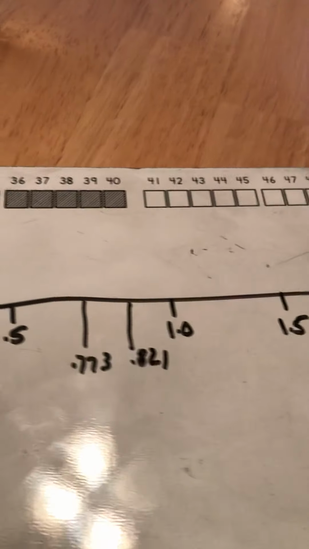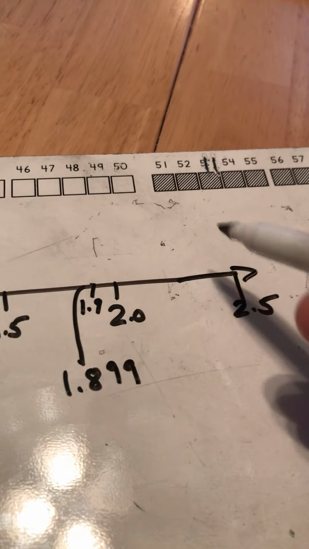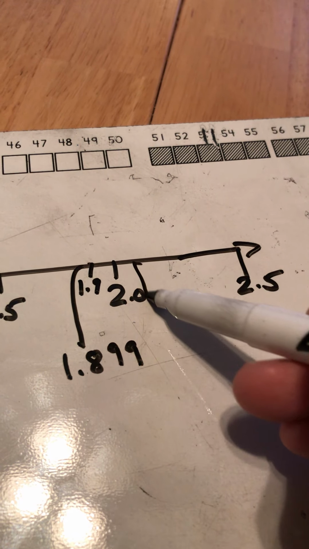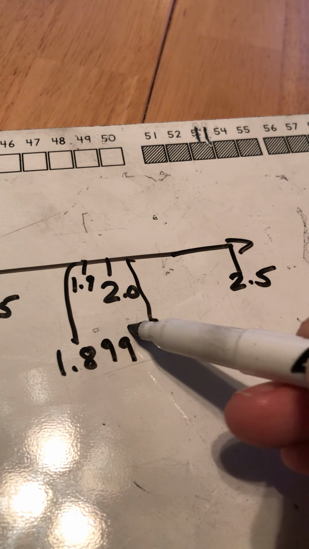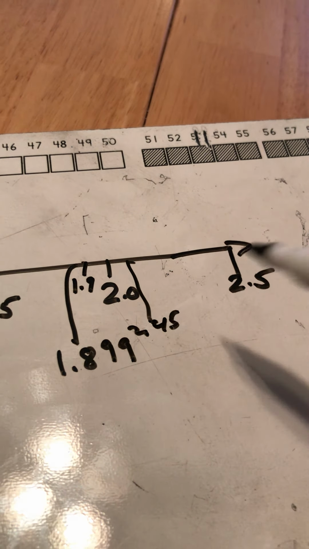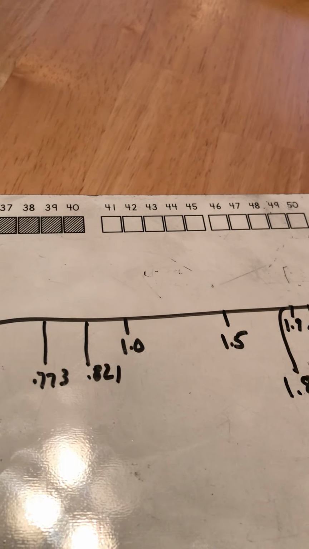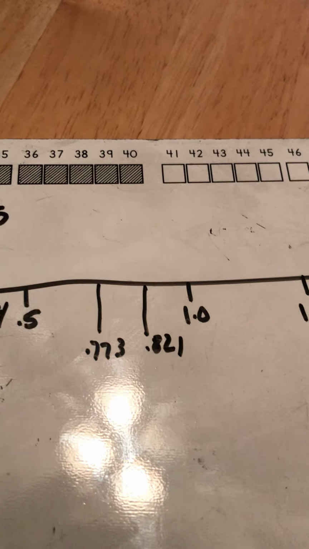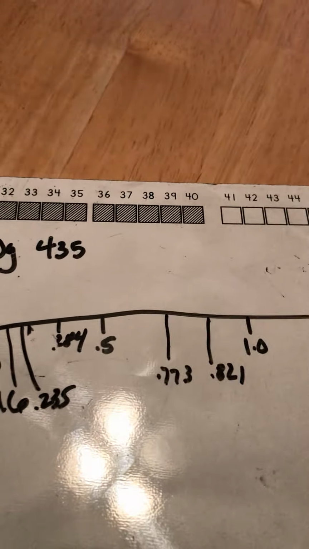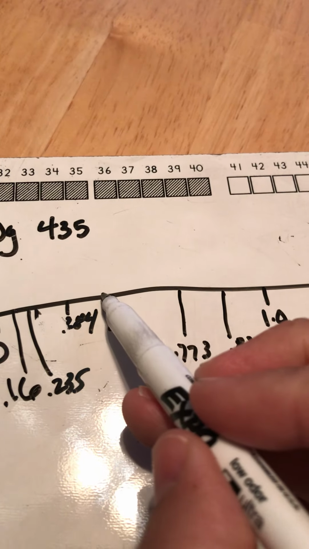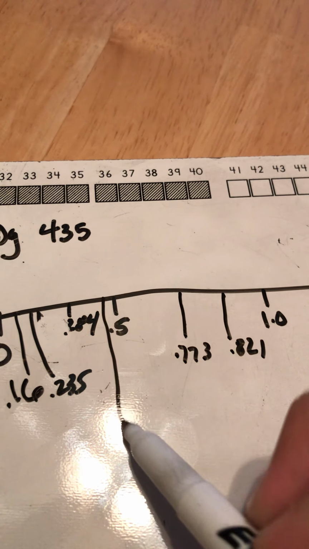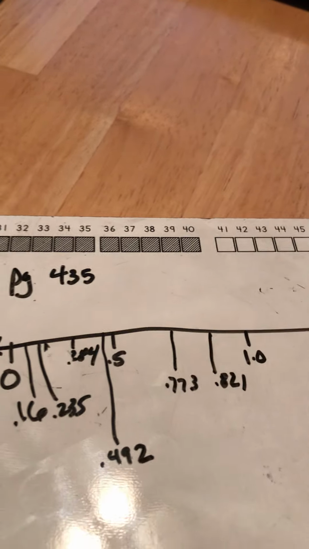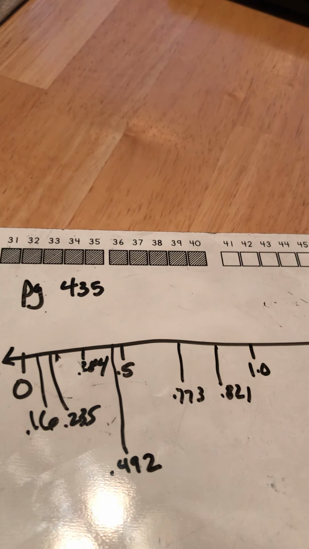And 2 and 45 thousandths. We can put it right over here. 492 thousandths. That's going to go on this side of it. Sorry about the reflection.